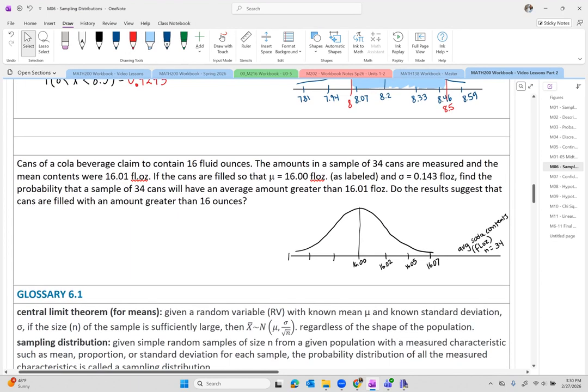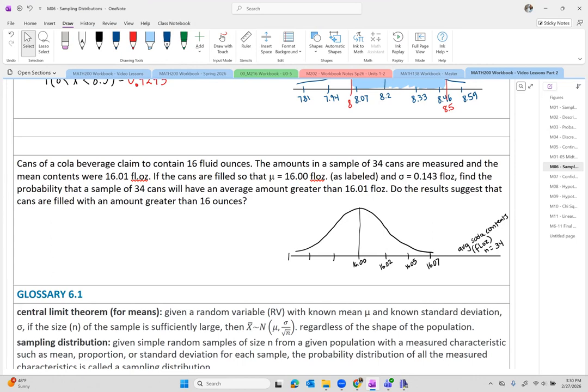Our last example for this section refers to cans of soda. A cola beverage claims to contain 16 fluid ounces. The amount in a sample of 34 cans is measured, and the mean contents were 16.01 fluid ounces.